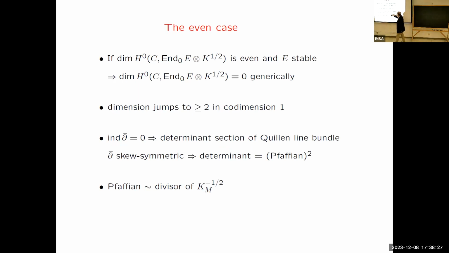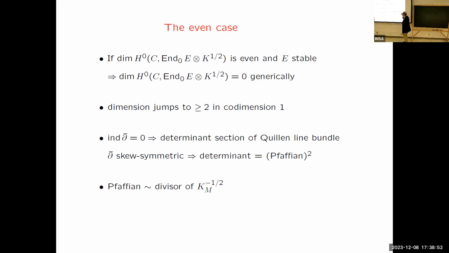That's because we've got this skew adjoint operator. Because the index is 0, the d-bar operator, by Riemann-Roch, gives you 0, which means there's a canonical determinant section of the Quillen line bundle. But because the d-bar operator is skew symmetric, that is actually the square of something.